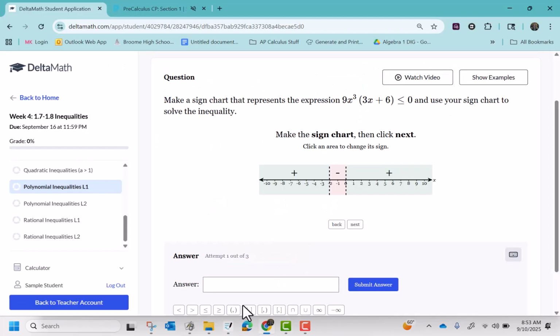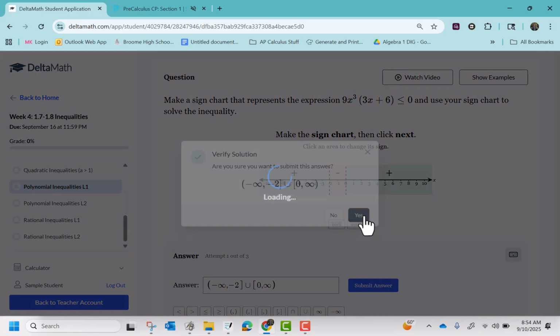So I would say negative infinity is right there, to negative 2, and then I put a U, and then 0, comma, infinity. That's how they want you to do that.